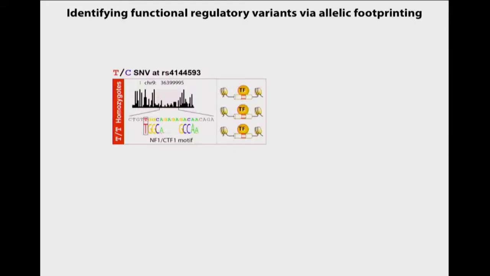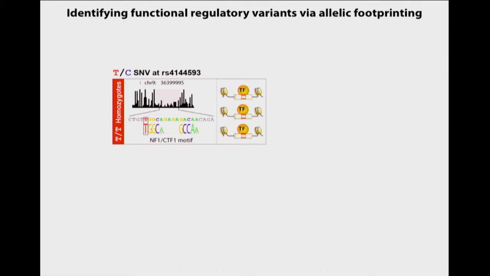So, for example, this is a little footprint created by a particular protein, and there are two variants here. You can have either a T or a C, so you can be homozygous, a heterozygote, or homozygote for each one of these.